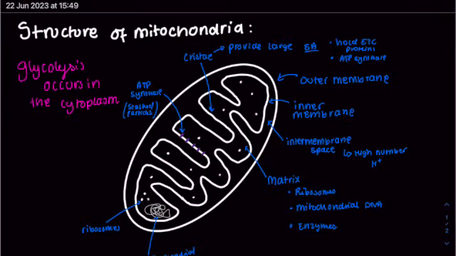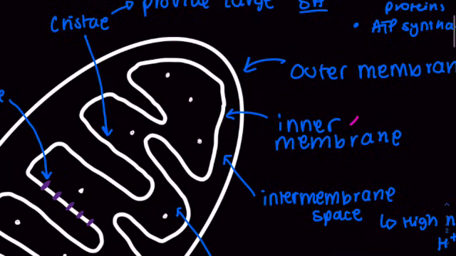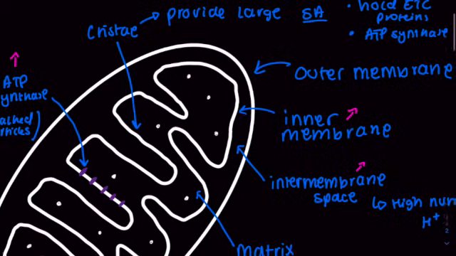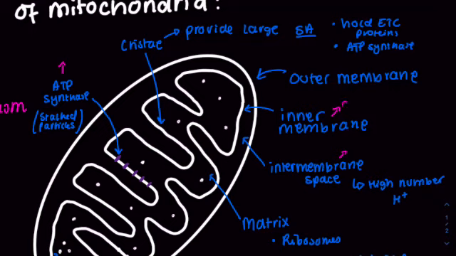Now let's get on to the processes of aerobic respiration. So, as mentioned, the ATP synthase and the inner membrane and the intermembrane space are all involved in oxidative phosphorylation.